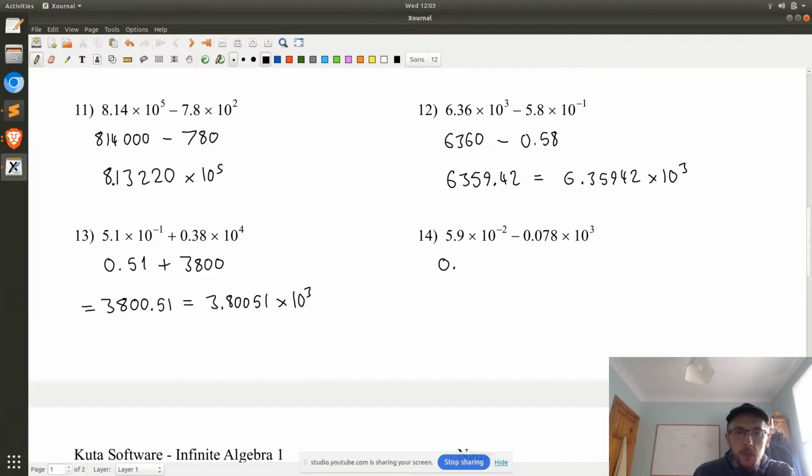Next, 0.059 minus 78, which is negative 77.941.